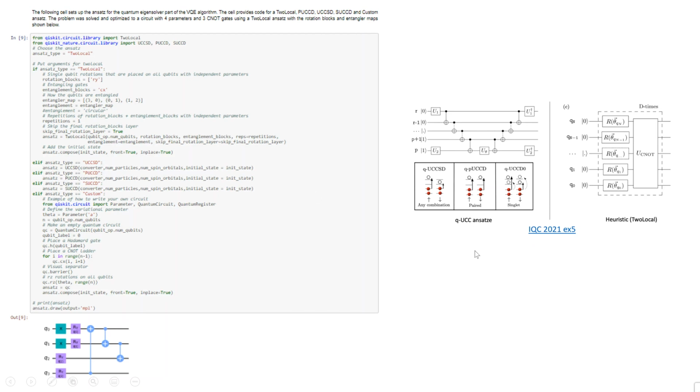But maybe some of the major points is that what we're essentially doing is applying single qubit rotations. Doesn't have to be all of them, but just whatever you feel is correct, and then doing an entangling mapping. So essentially you want all of the qubits entangled.